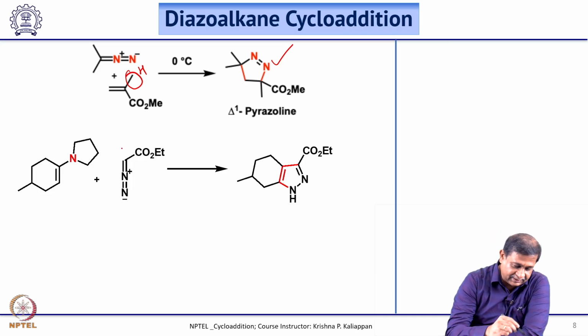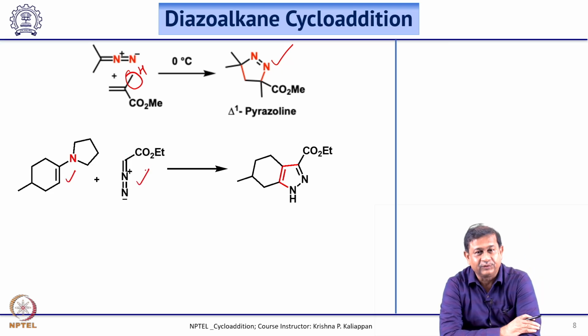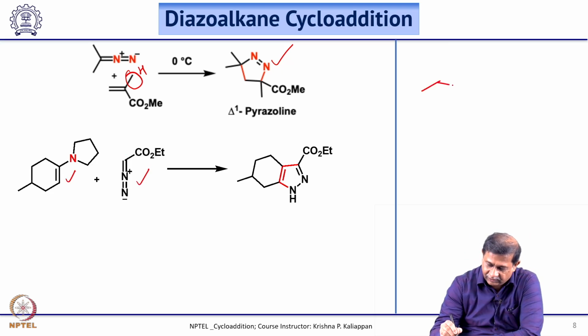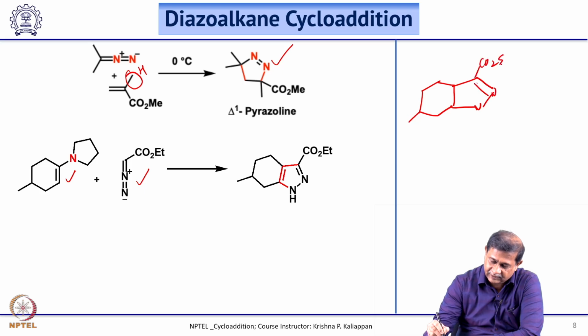And in this case, when you do a dipolar cycloaddition between this enamine and this ethyl diazoacetate, it goes through this particular 1,3 dipolar cycloaddition product, which is nothing but this compound.